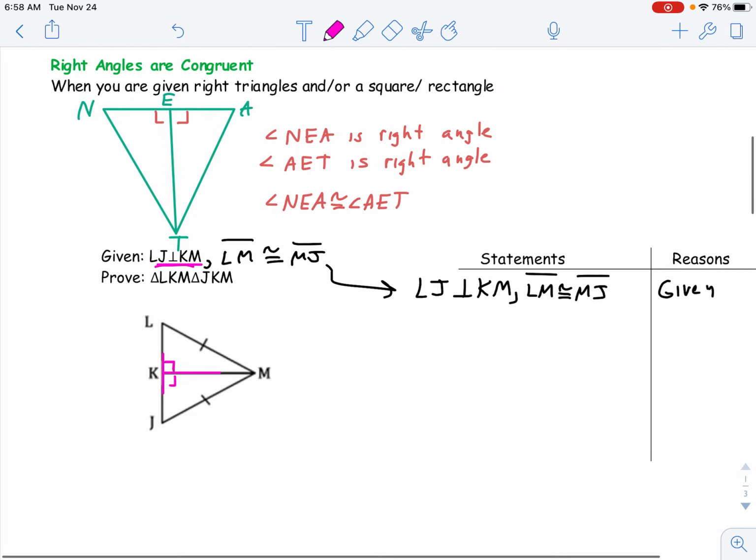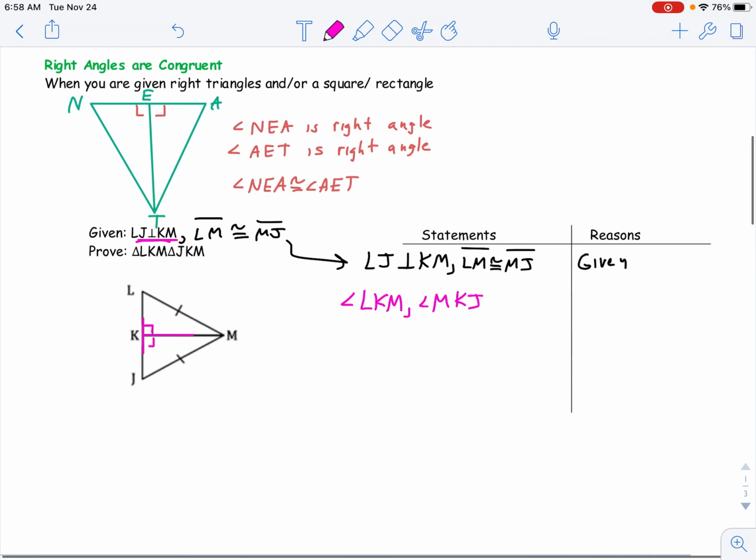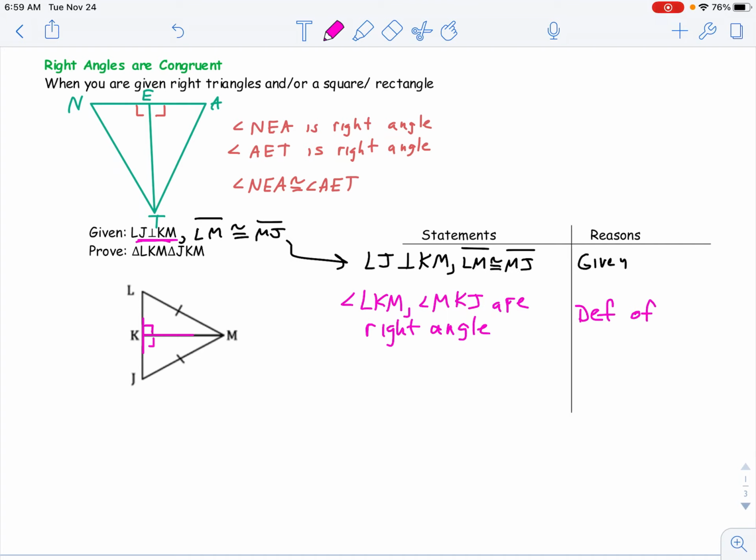All right. So I can say that angle LKM and angle MKJ are right angles. Why? It's just a definition of perpendicular lines. When it's telling me I have perpendicular lines, I'm going to have right angles.